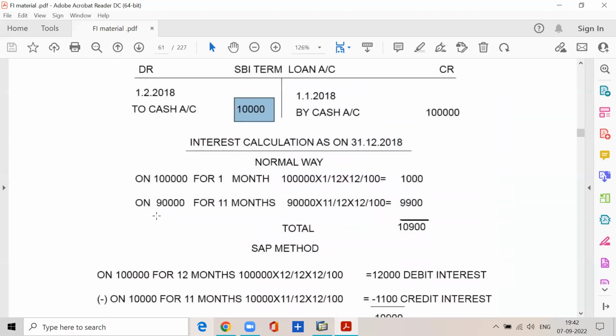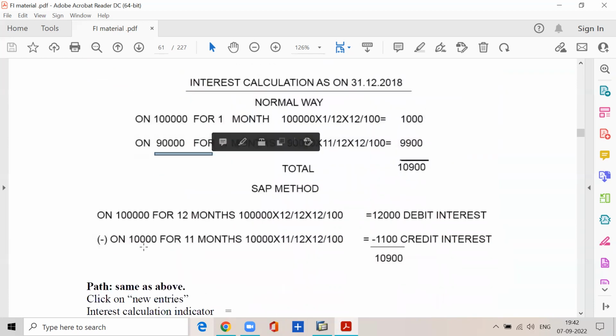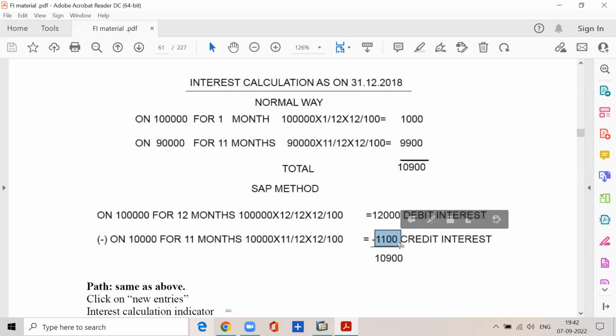That is 10,000 into 11 by 12 into 12 by 100, which comes to 1,100 rupees. So this interest you have to receive from the bank. Interest received means revenue. Revenue means, according to the nominal accounting principle, credit. So this is called credit interest.